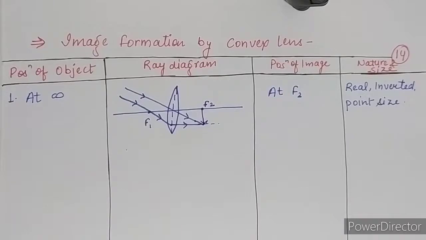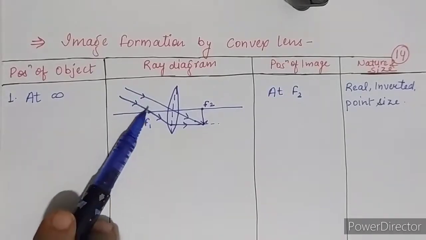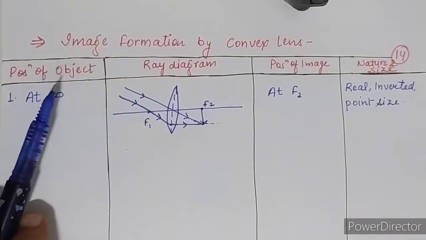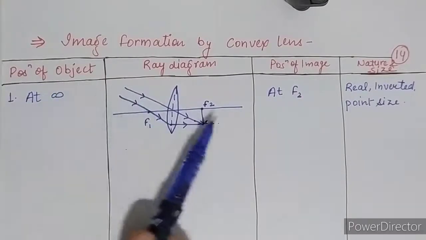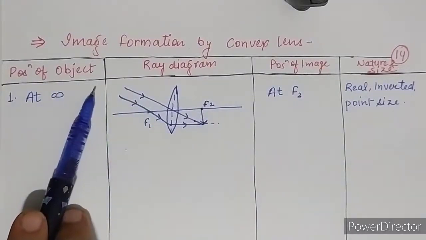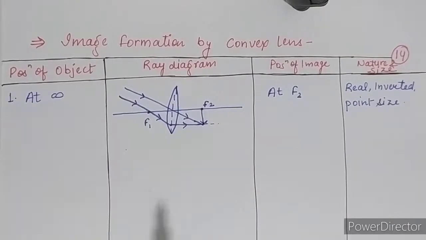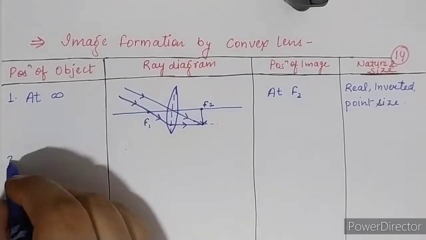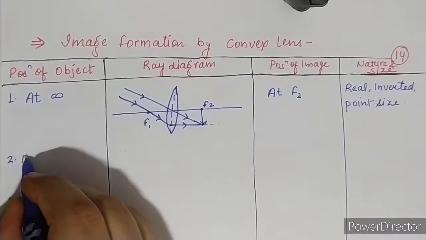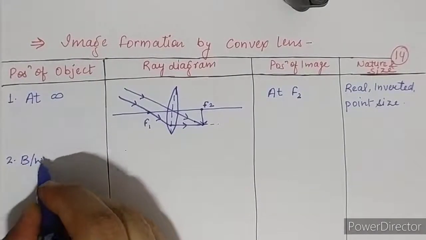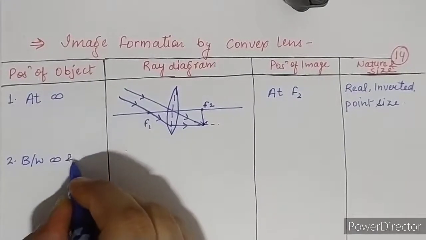Same as that, the object at infinity is very large, so its image is too small, it behaves like a point image. Clear?